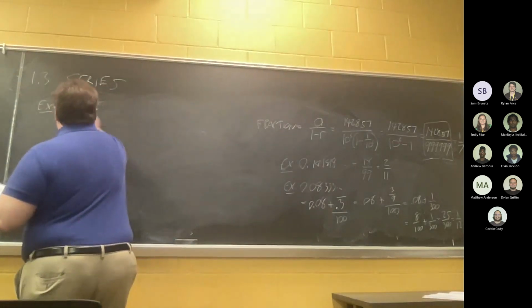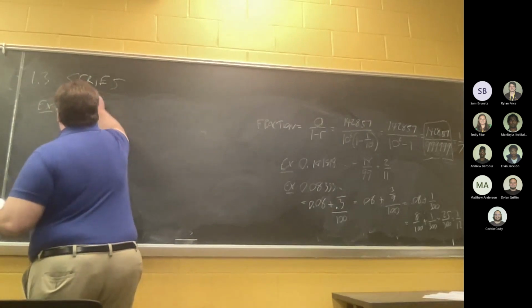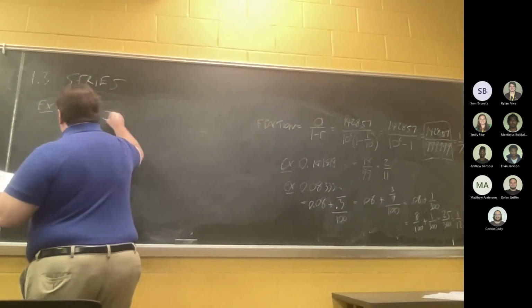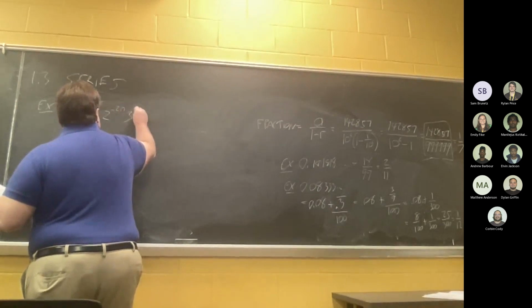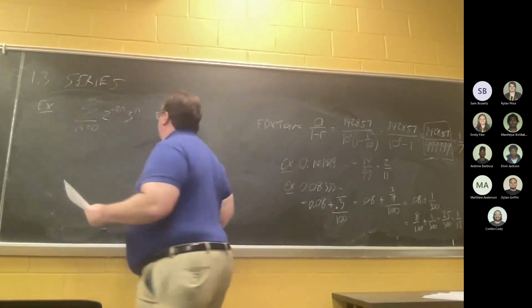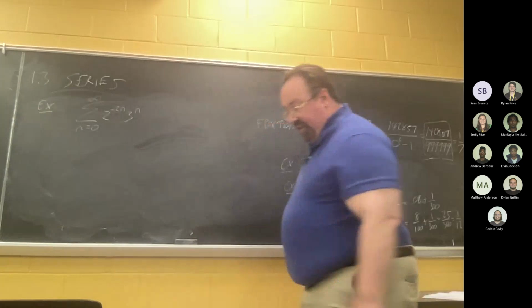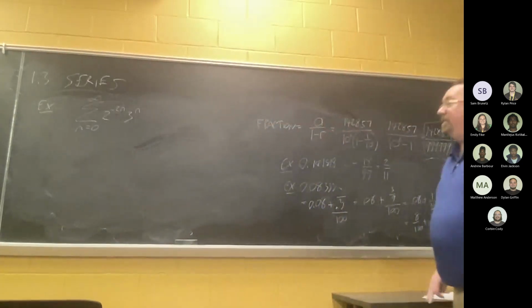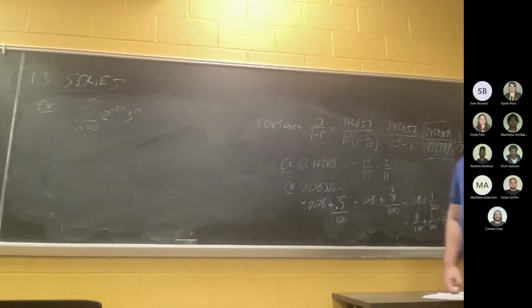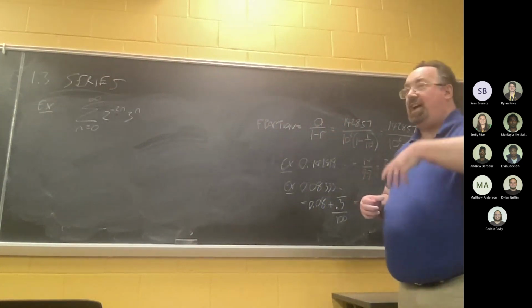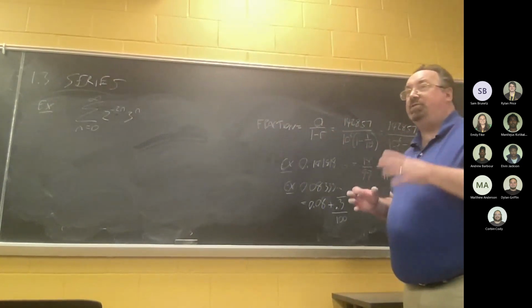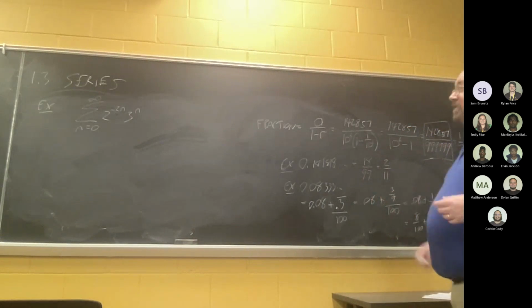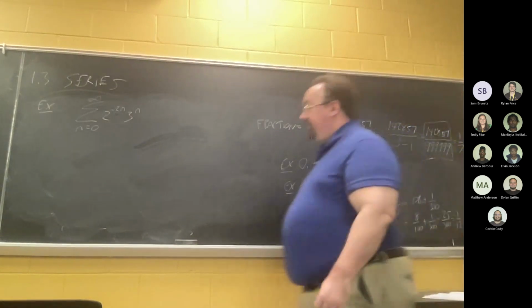Okay, another example. The sum of 2 to the minus 2n times 3 to the n. Anytime you have a series where you can express it as some constant factor times something that's raised to the nth power, that's a geometric series.